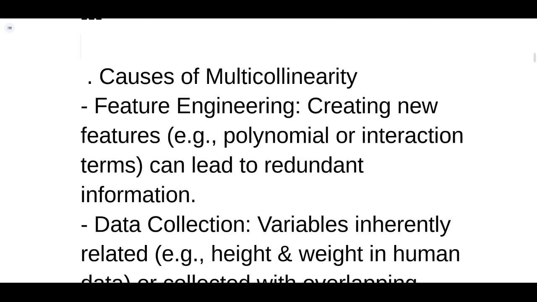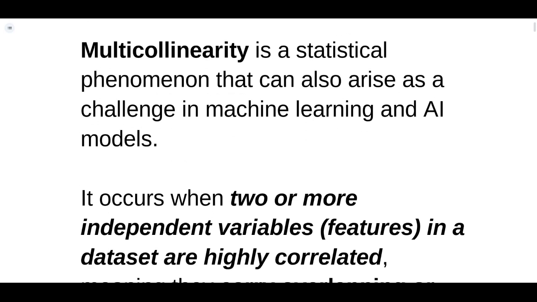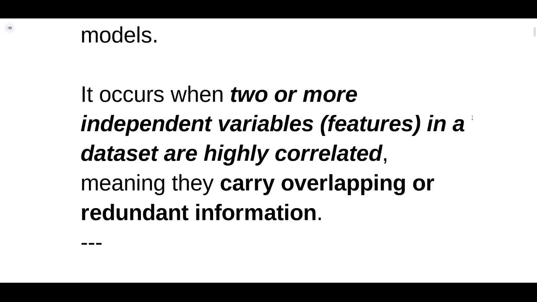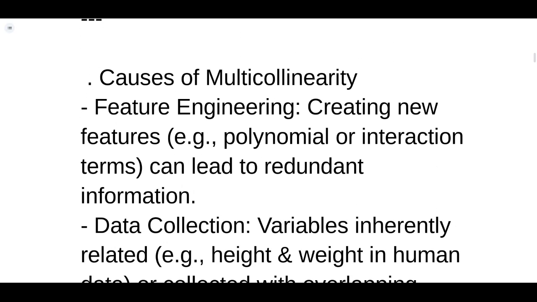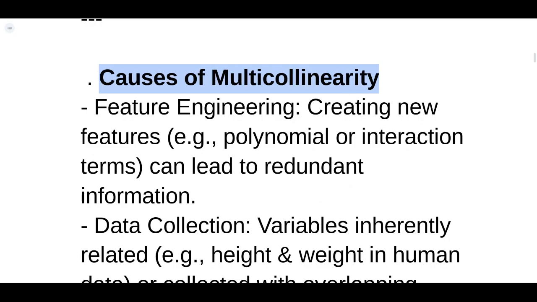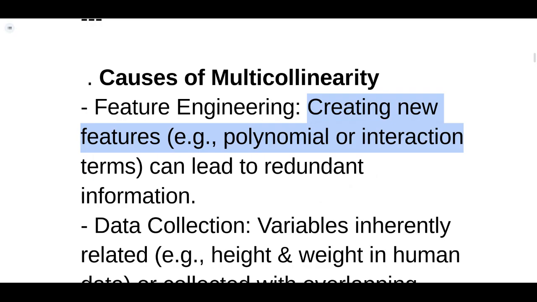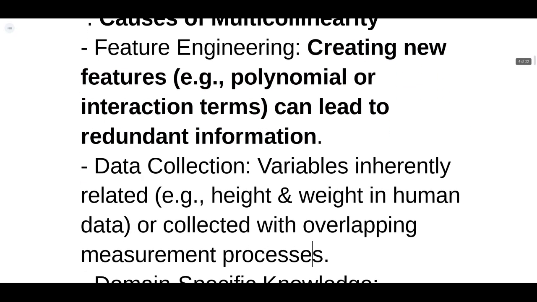Now, causes of multicollinearity. What are the causes? Feature engineering: creating new features, for example polynomial or interaction terms, can lead to redundant information.